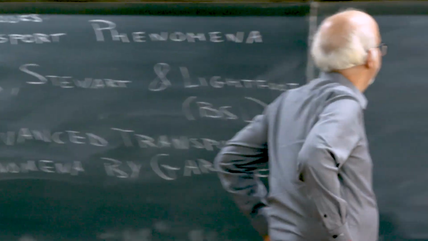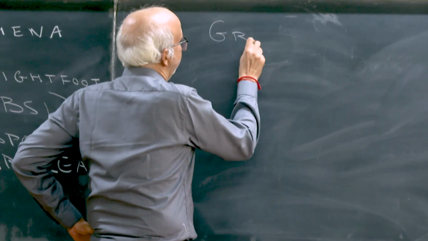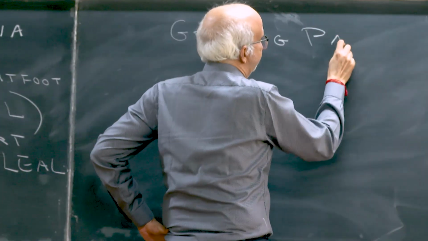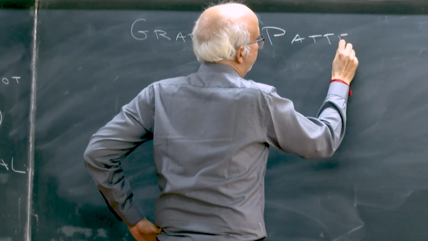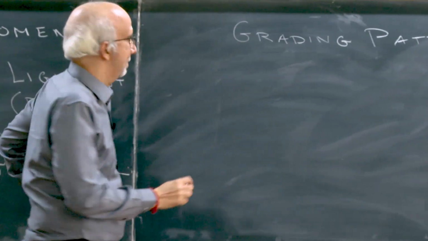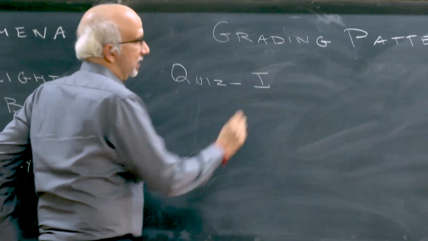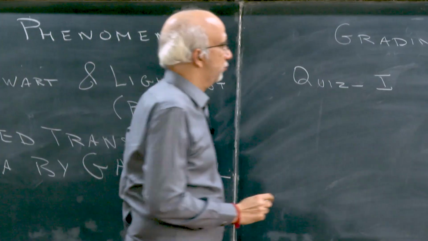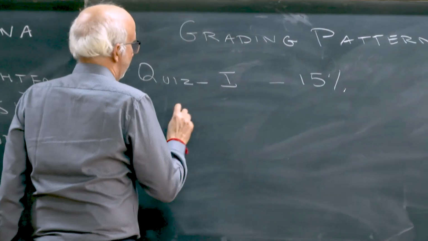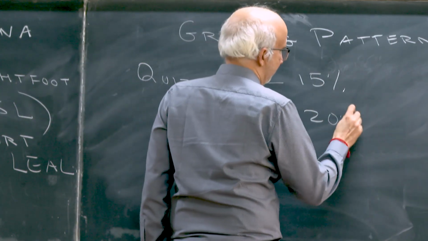And the next thing that we will do is the grading pattern, which is going to be almost the same as what you saw last semester for the math course. Quiz 1 will be 15%. Quiz 2 will be 20%.